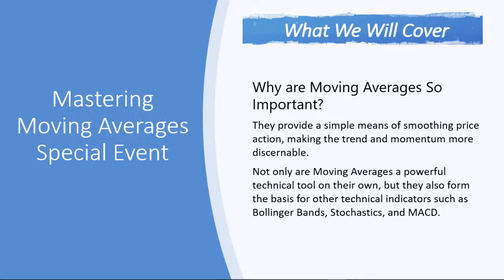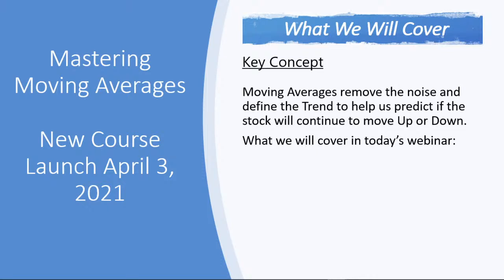Well, MACD actually has the words moving average in the name, so you probably are aware that MACD does use moving averages. But they're a very straightforward, simple tool to help us identify, again, changes in trend, strengthening and weakening trends as well. Some key concepts that we'll talk about: moving averages remove the noise and define the trend to help us predict if the stock will continue to move up or down.